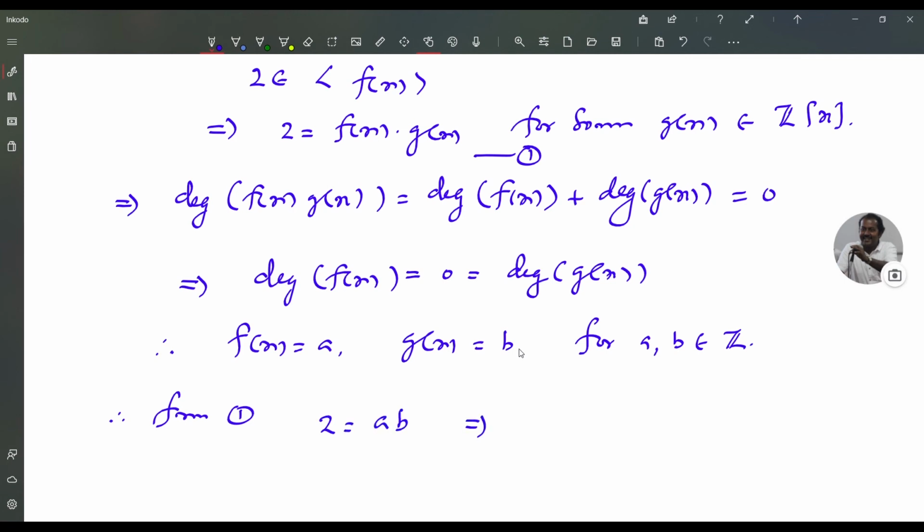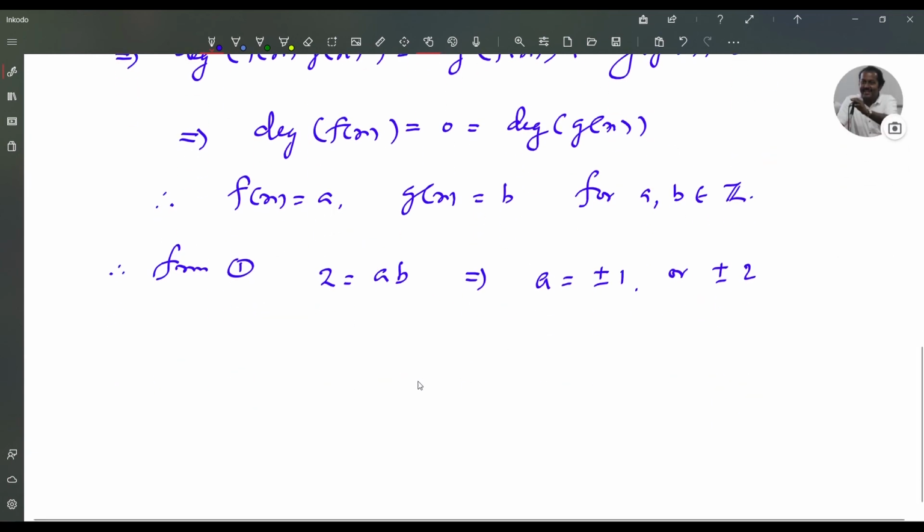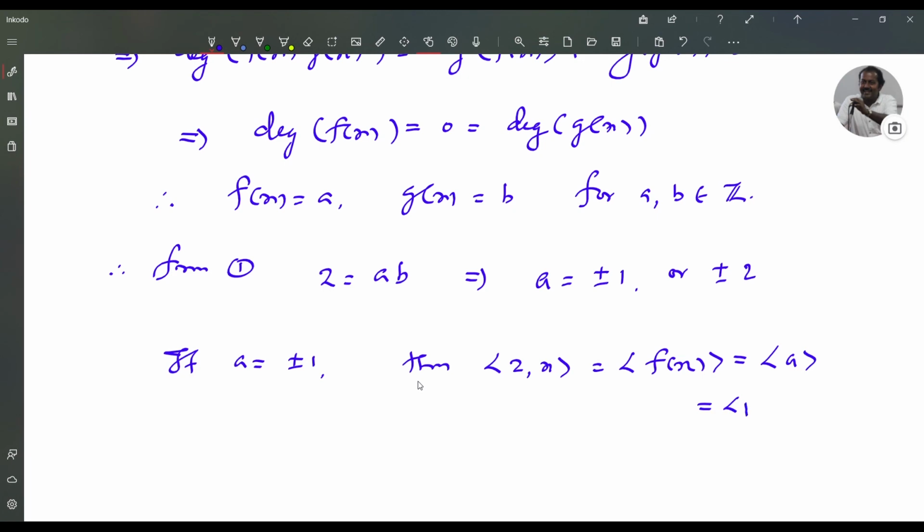So this implies a equal to plus or minus 1 or plus or minus 2, since a and b are in Z. If a equal to plus or minus 1, then the ideal generated by 2 and x, that is equal to the ideal generated by f(x). And now we have seen that f(x) is a, so that is the ideal generated by 1, because a is plus or minus 1.